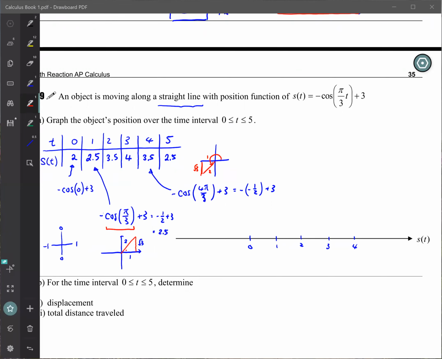So s of 0 is at 2. So the object starts at 2. So you put a point there and label t equals 0. Okay.